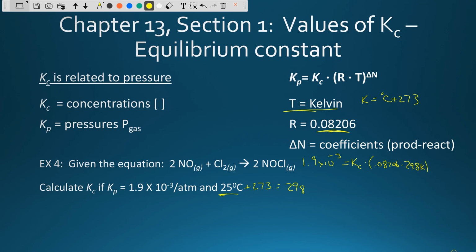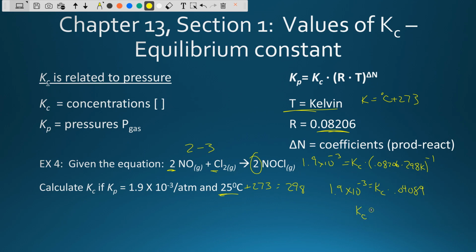And we're going to be taking this to the nth power, my change in N. So let's take a look at my reactants here. On my products side, I have 2, and on my reactant side, I have 3. So 2 minus 3, this is to the negative 1 power. If I just plug all of that in, 1.9 times 10 to the negative 3 equals Kc times 0.04089.